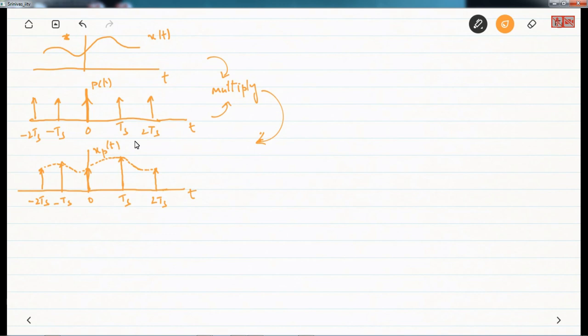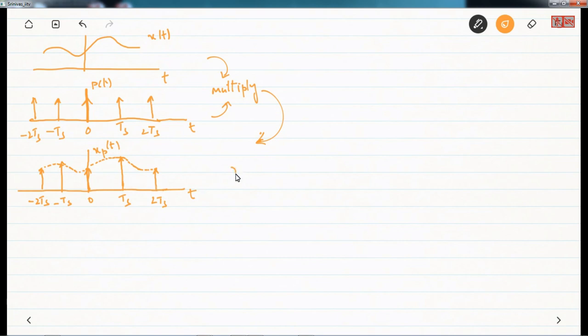That means I am sampling this signal at regular intervals of Ts. You understand? There is a continuous time signal, and we are observing that signal only at 0, Ts, 2Ts, and so on.